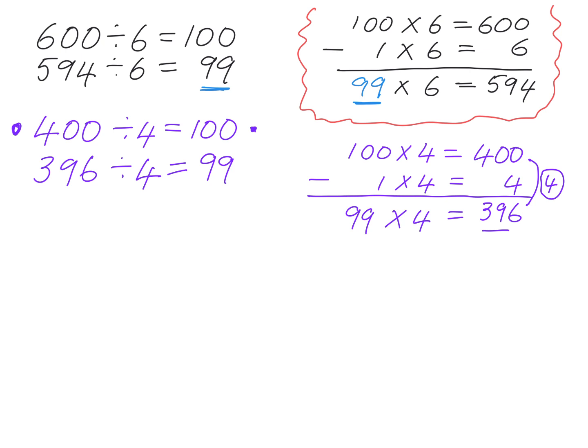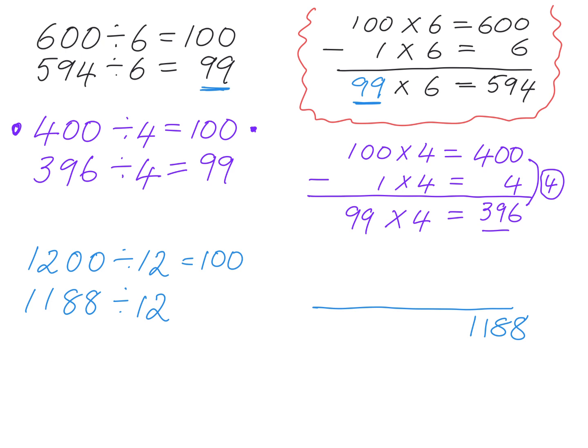The next problem was 1,200 divided by 12. No problem, said the students, that's 100. Okay then, use this helper problem to assist with the next one. 1,188 divided by 12.